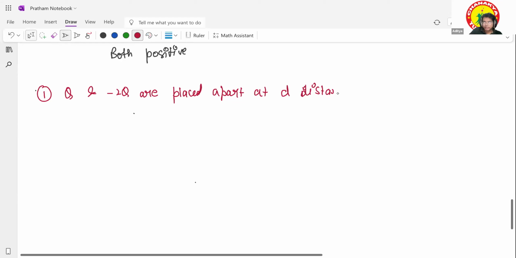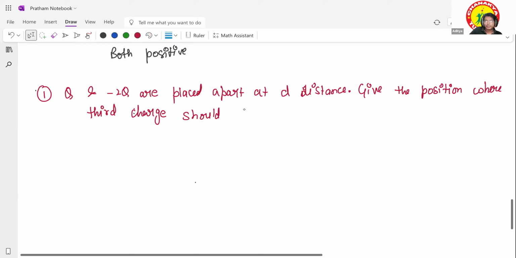You have to tell where the third charge should be placed, such that the electric field is zero, such that it experiences no force.